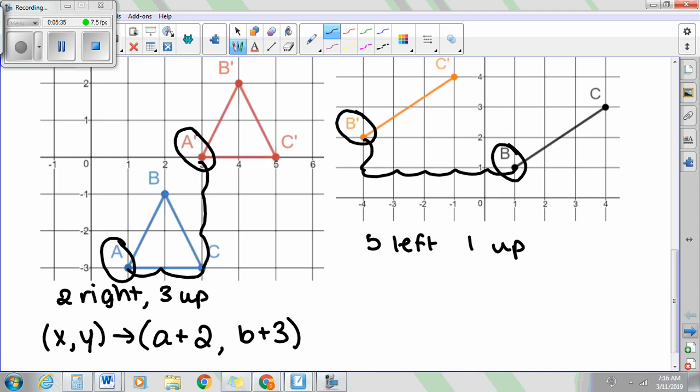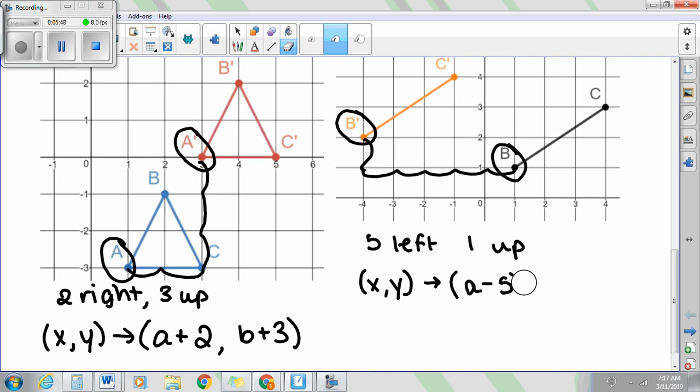So in math notation, I'm going to say x comma y turns into 5 to the left would be a minus 5. Oh, my apologies. 1 up would say b plus 1.